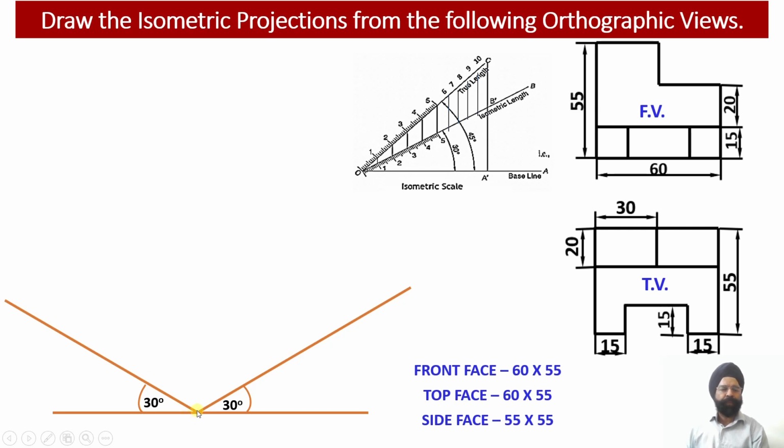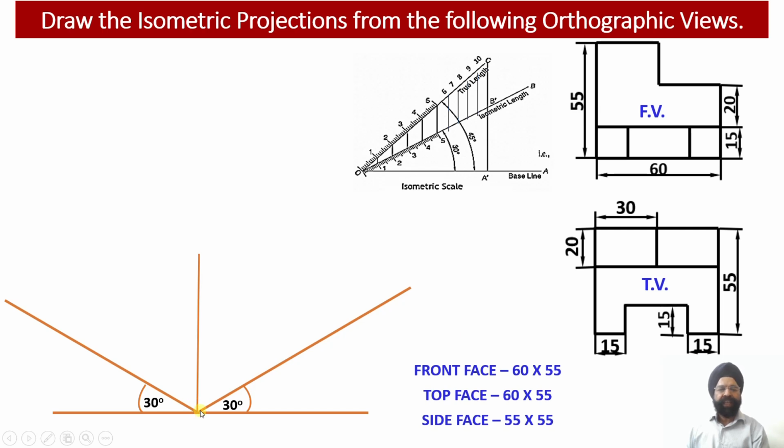Similarly, from this origin point we are going to draw an isometric z-axis with an angle of inclination equal to 30 degree with the ground or the datum line. Then from this origin we'll draw a vertical y-axis, and this y-axis has been drawn perpendicular to the ground.